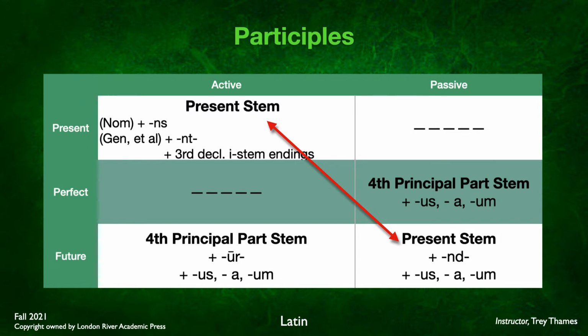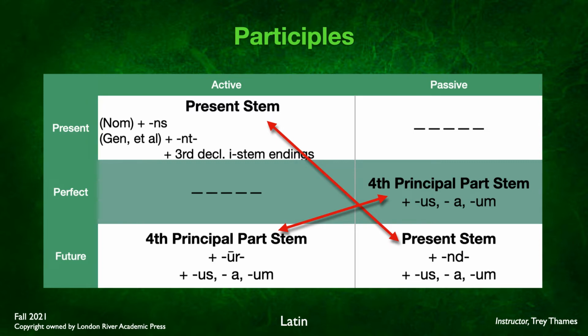And again, notice the perfect passive and the future active use the fourth principal part stem. And of course, you can see the two passives use us, a, um, and the future active uses us, a, um, but only the present active uses third declension i-stem endings.